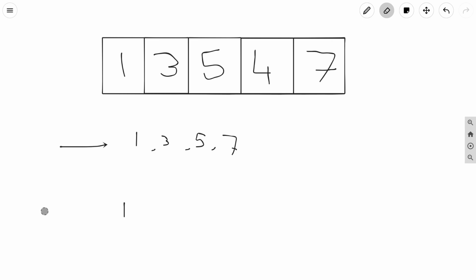This type of question can be solved using dynamic programming. Let us say we are on a particular index, let's say i is equal to 2.